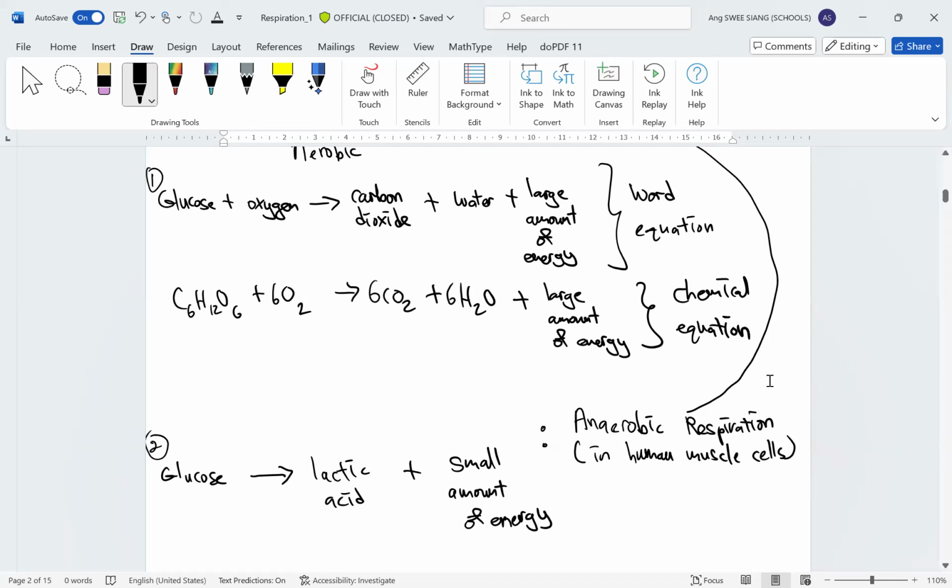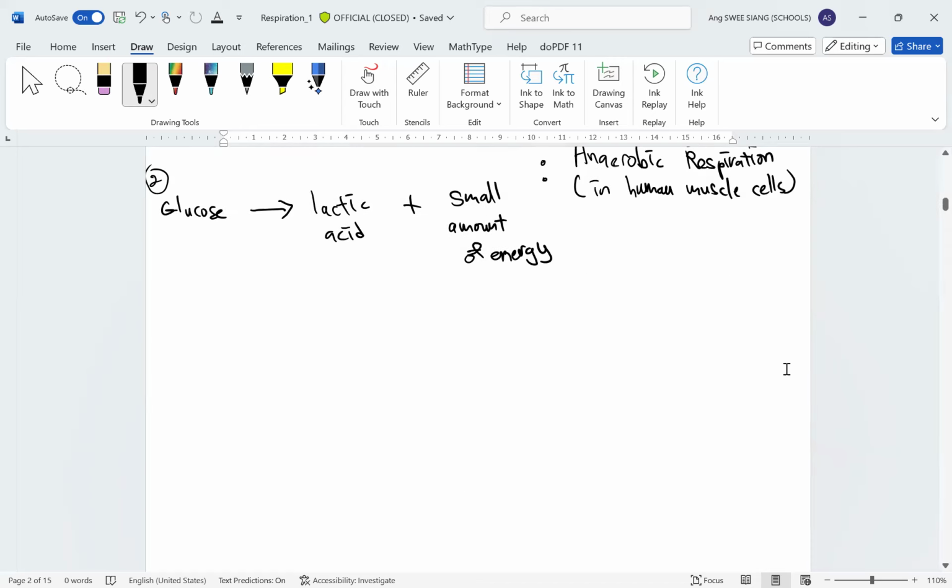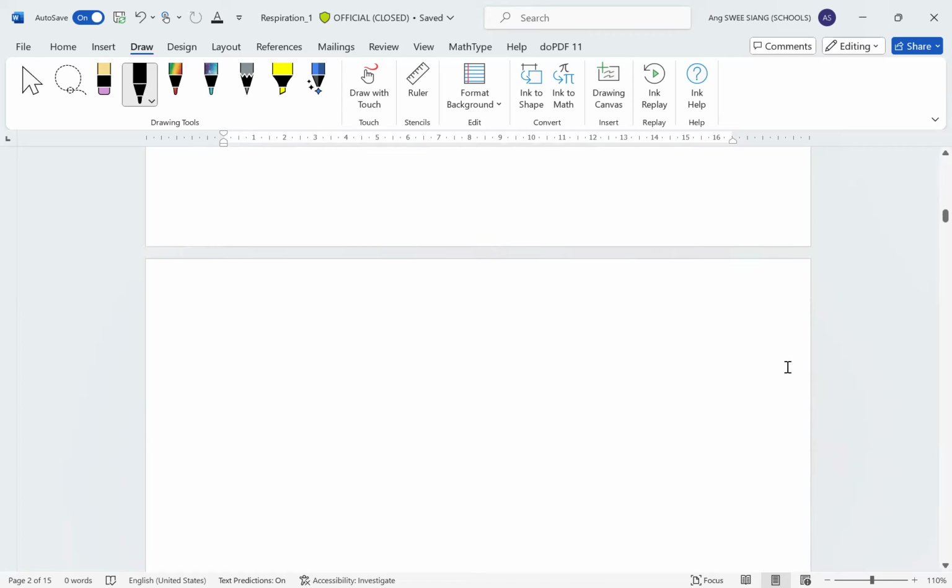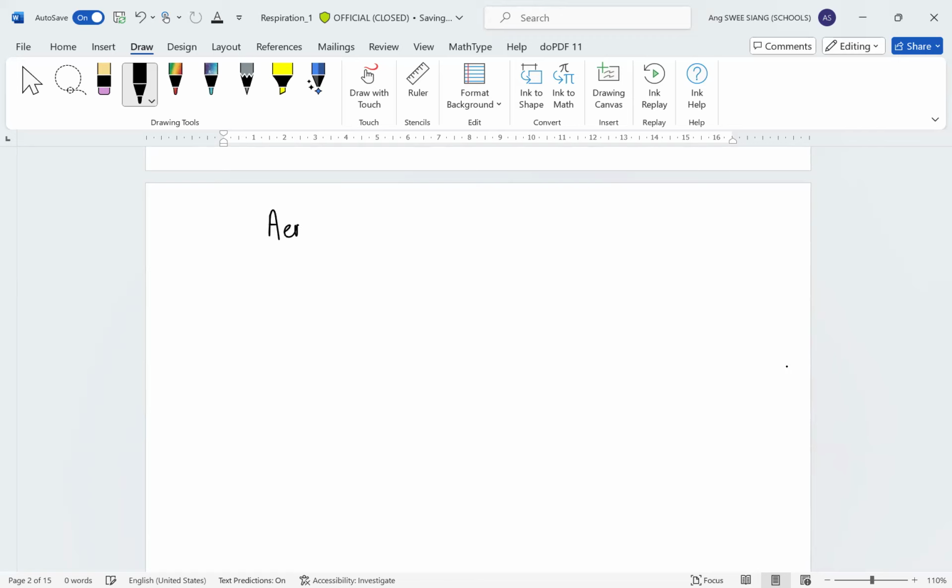Okay, can we look at the similarities and differences now? Aerobic respiration versus anaerobic respiration.